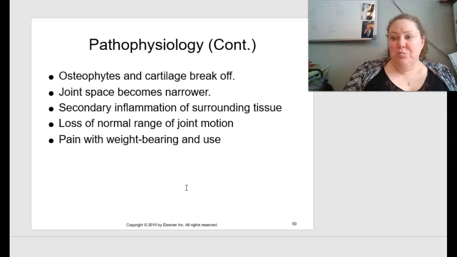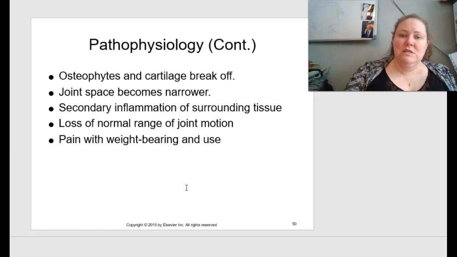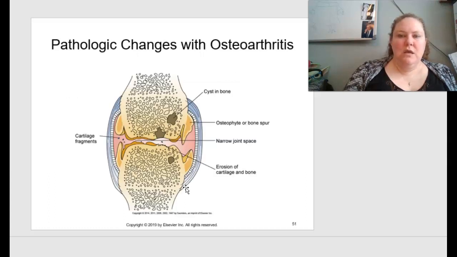Osteophytes and the cartilage can break off, and then that joint space between the bones becomes narrower. And then a secondary inflammation from both of these can occur in the surrounding tissues. And then this can cause a loss of normal range of joint motion. And then this obviously is going to cause a lot of pain with weight bearing and use.